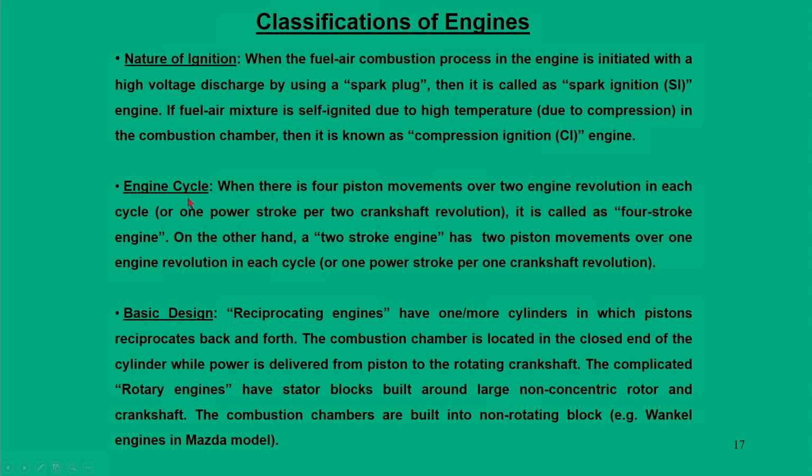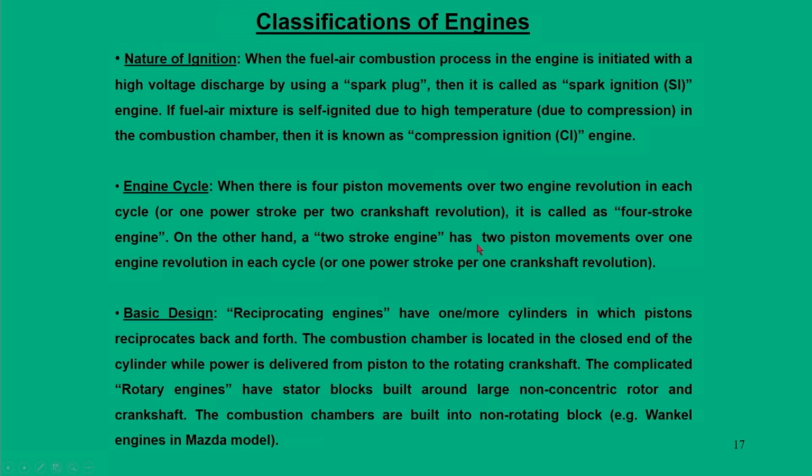In terms of engine cycle, one can differentiate the engines as 2-stroke or 4-stroke engine cycles. When there are 4 piston movements for 2 engine revolutions in each cycle, or in other words, we obtain 1 power stroke per 2 crank revolutions, we call this a 4-stroke engine.